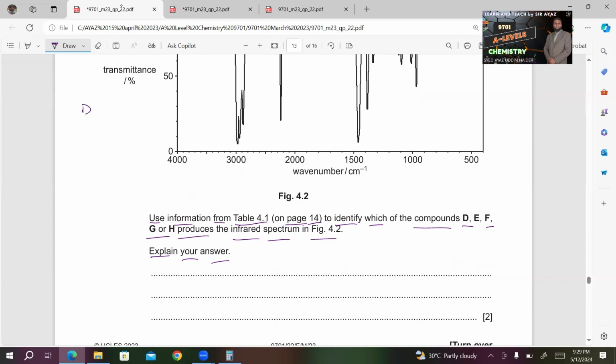So D is this, with Br. E is this. What about F? There's OH. G, there's CN. H, there is CH2 and NH2.